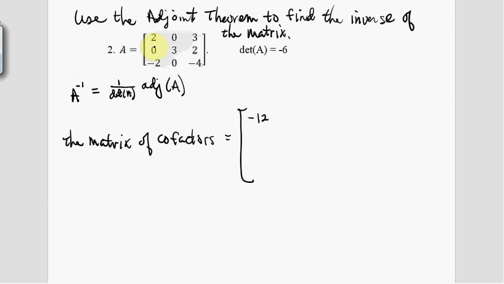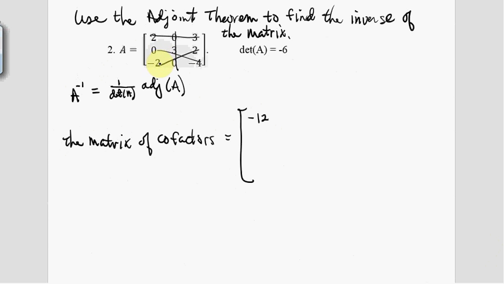We move over here to where the 0 is, delete its row and column. So it's the determinant of the submatrix over there. So 0 times negative 4 is 0. Then it's minus negative 4, which is positive 4. But this position here is odd.